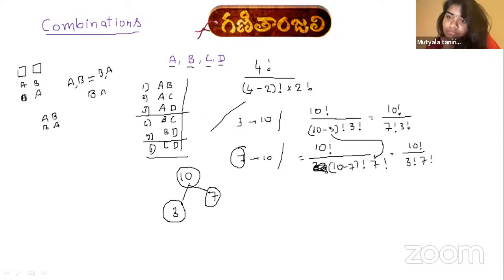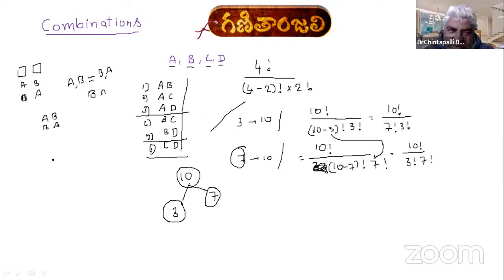That means the number of ways of selecting 3 is exactly equal to the number of ways of not selecting, that means rejecting 7. That's why selecting 3 things out of 10 is also equal to selecting 7 things.